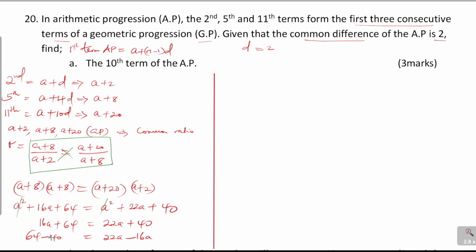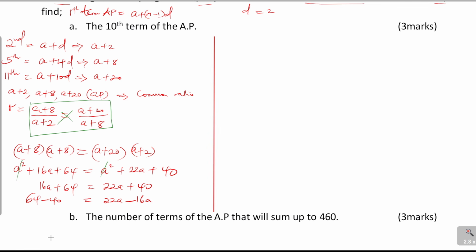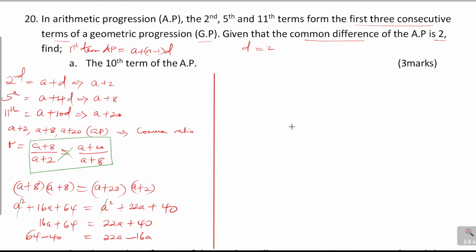I'm just taking the like terms together, and these will give 24. 64 subtract 40 is 24, is equivalent to 22 minus 16a, that will be 6a. So now when you divide both sides by 6, the value of a will be given by 24 divided by 6, and that will be 4.